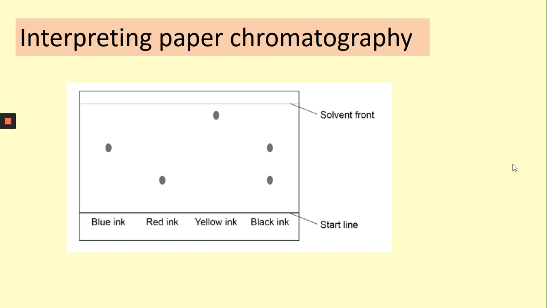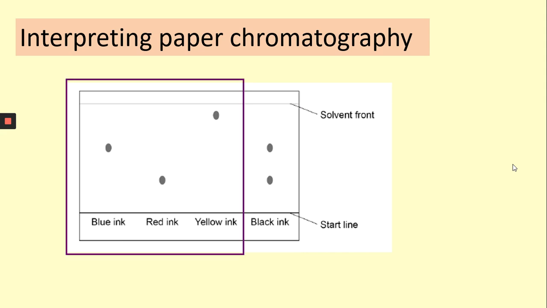So on this screen here, I've got my start line at the bottom, I've got my solvent front at the top where the solvent got to, and I've got on the right hand side my original unknown substance, which was black ink. And you can see there it's separated out into two spots. On the left hand side, you can see my sample reference spots. I've got blue ink, I've got red ink, and I've got yellow ink.